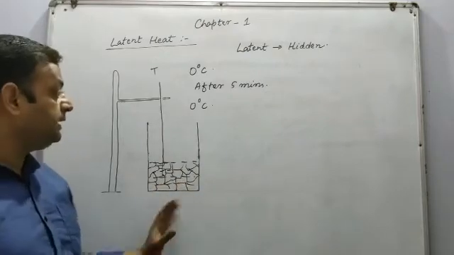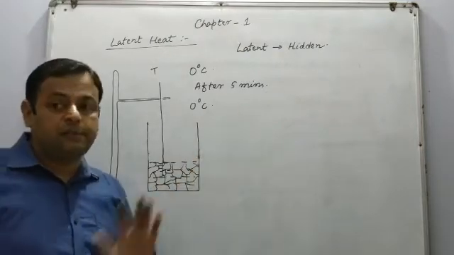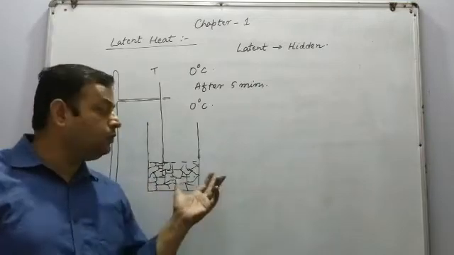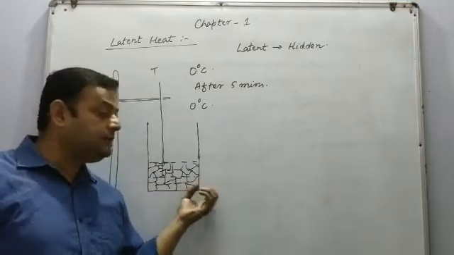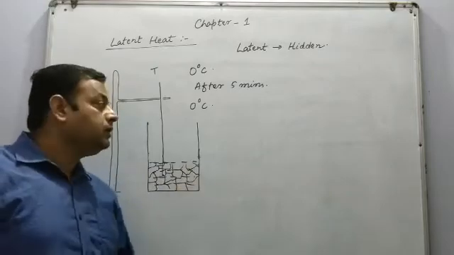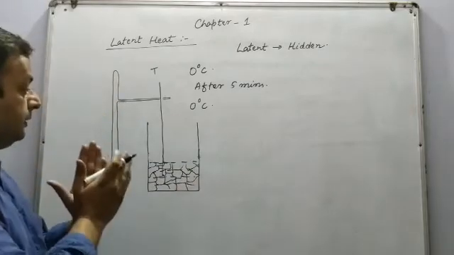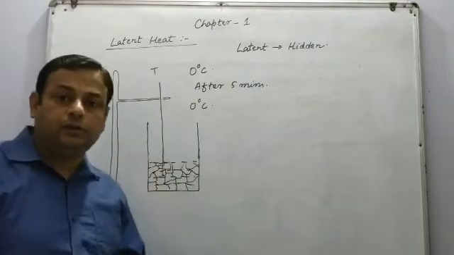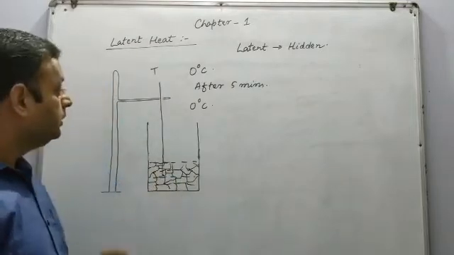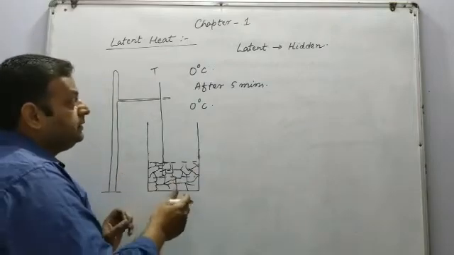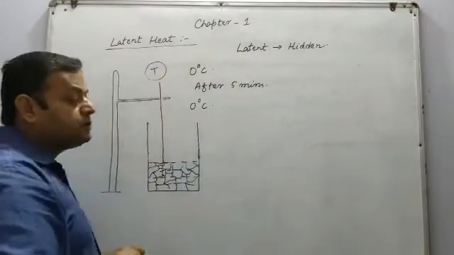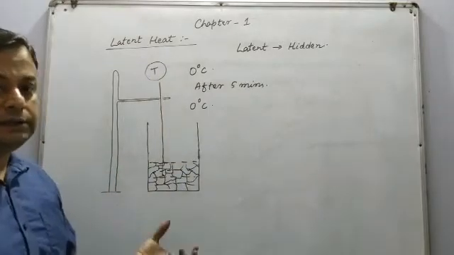Or we can simply say the heat absorbed during these 5 minutes has been utilized to overcome the force of attraction between the particles of the ice, so that the particles move somewhat apart from each other and the solid ice gets converted into water. So that hidden heat which has not been recorded by the thermometer is called the latent heat.